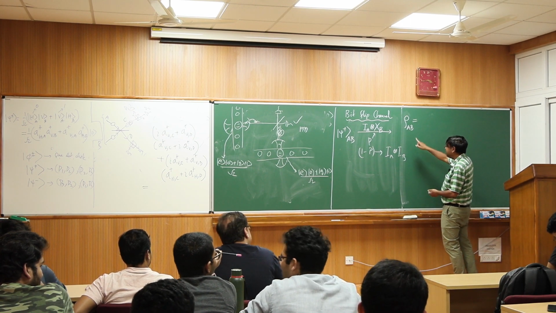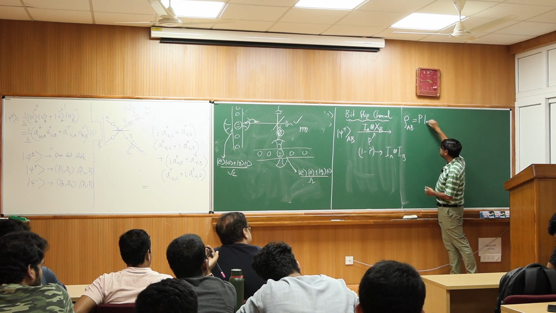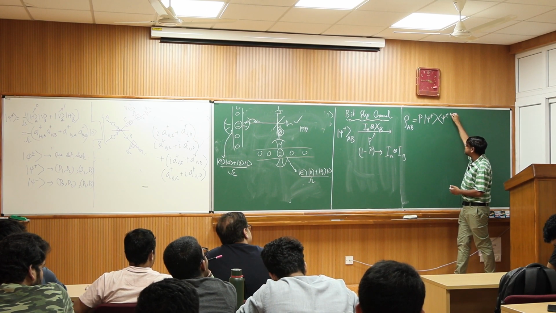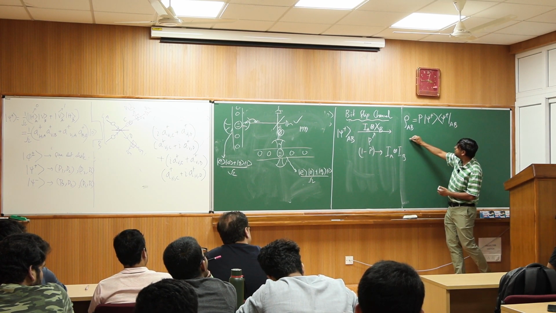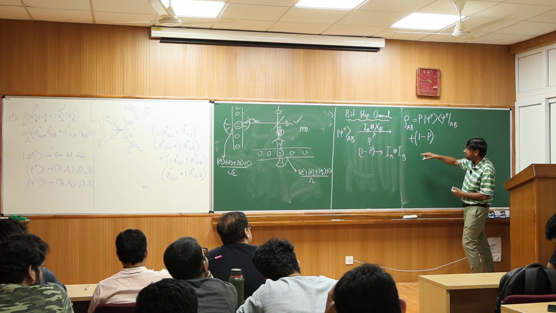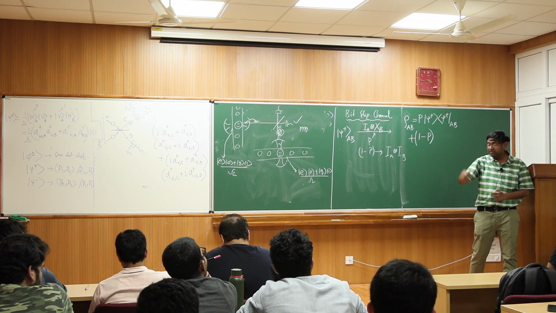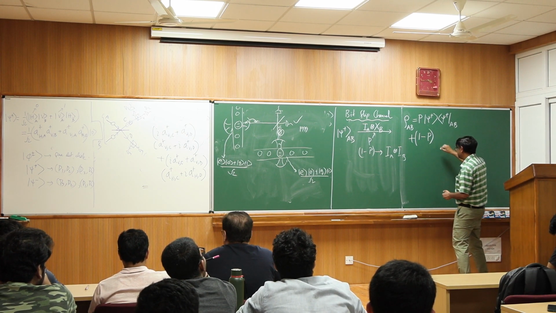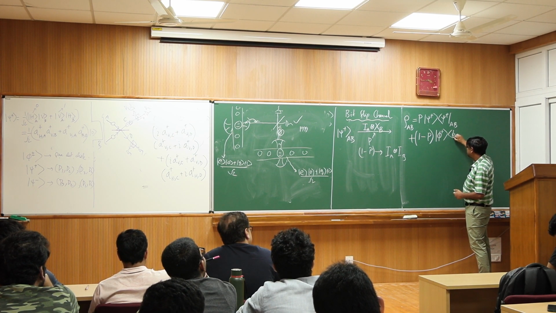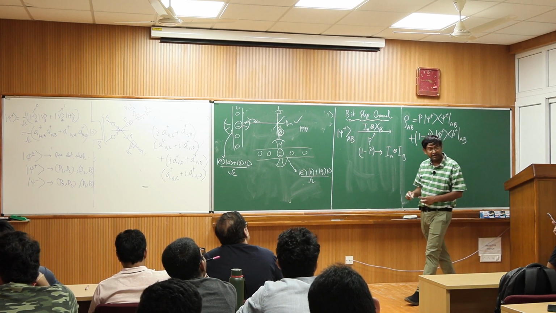So rho AB will become, with probability P, the original state psi plus AB, and with probability 1 minus P, it will be that one of them has been flipped. So what will it become? It will become phi plus AB. Do you agree?